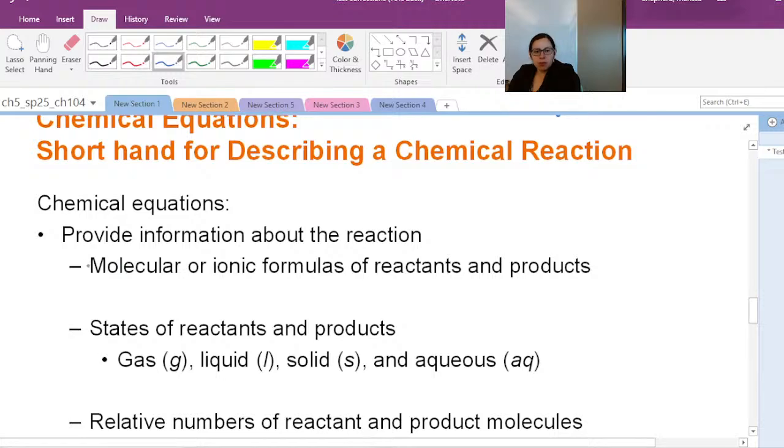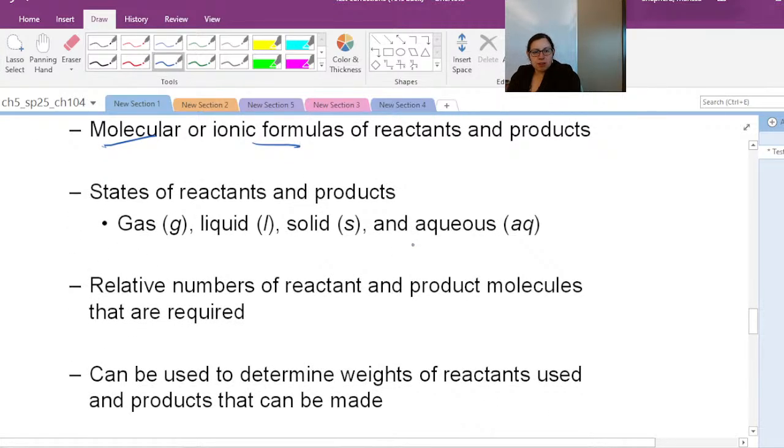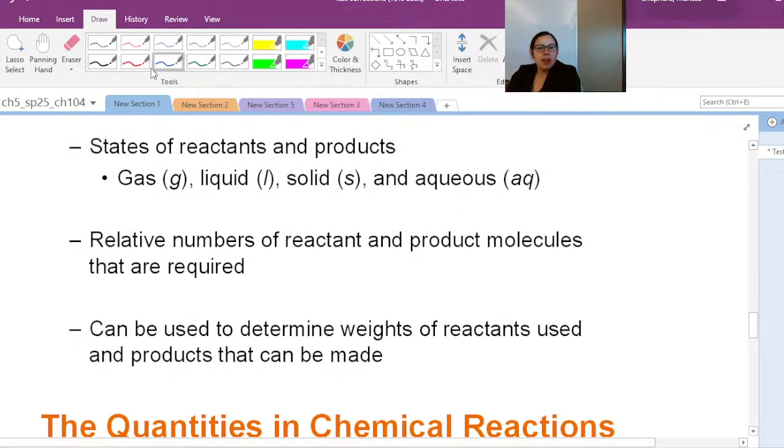Again, we have to write our correct formulas, state our state of matter, solid, liquid, gas. And then the next important part that we'll be working on is our relative numbers of reactant and product molecules that are required. And then we'll see how this is related, because I mentioned, as a working chemist, you're going to be figuring out, well, how much reactant am I going to be throwing in my flask every day?